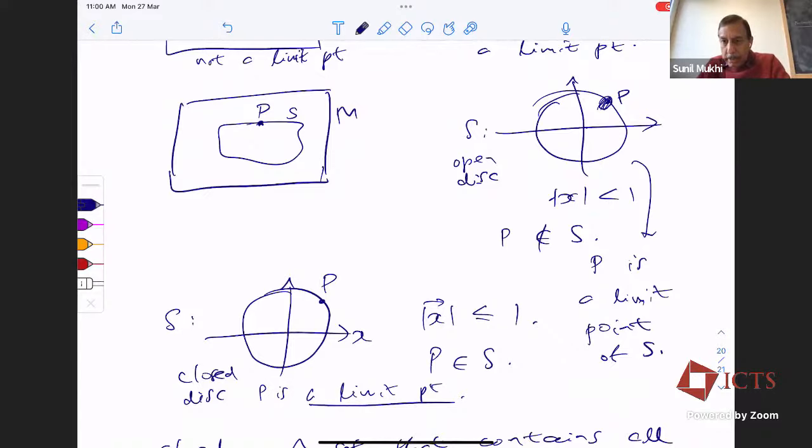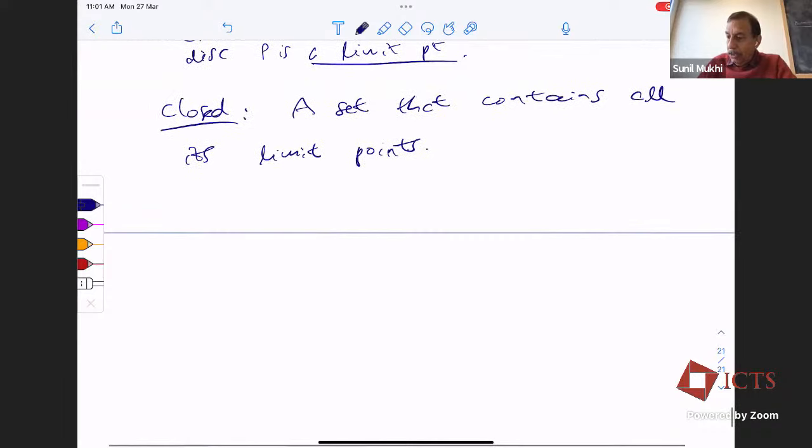Is this the same as saying P is in the boundary of S? In some sense, it helps us to define the boundary. Without these kinds of definitions, I wouldn't know how to define the boundary. And one definition of boundary is that it's the closure minus the interior.